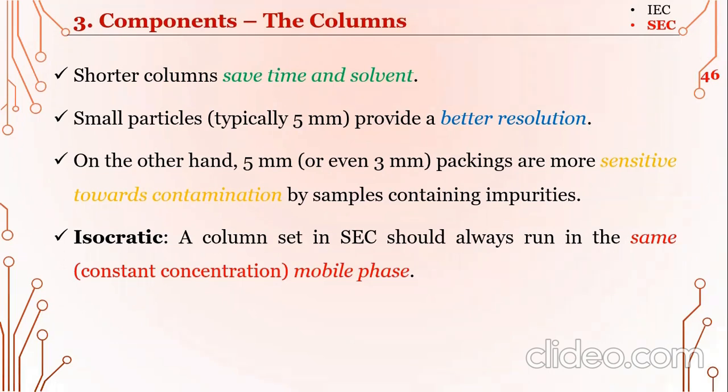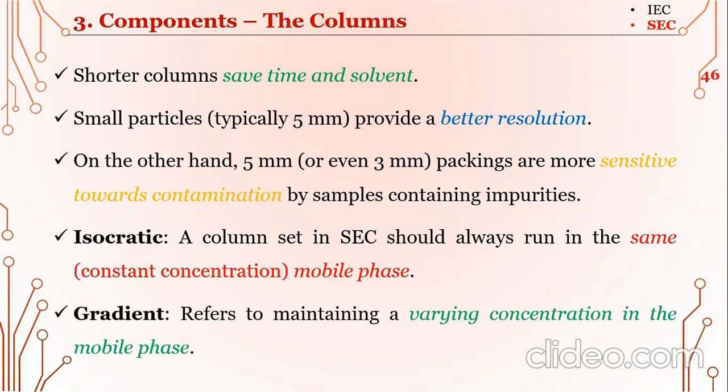So isocratic column कौन से होते हैं? That is a column set in size exclusion chromatography that always uses the same mobile phase. मोबाइल फेज कंसंट्रेशन अगर सेम रखें हम throughout, so that will be an isocratic system.